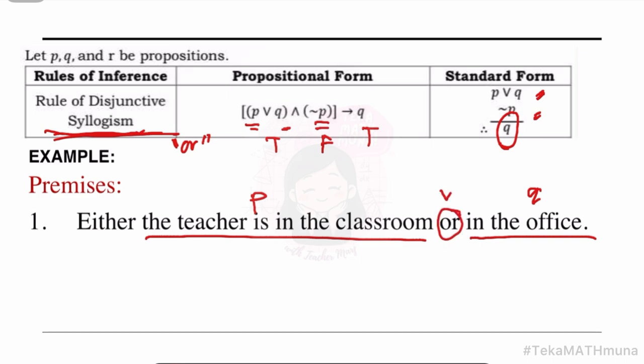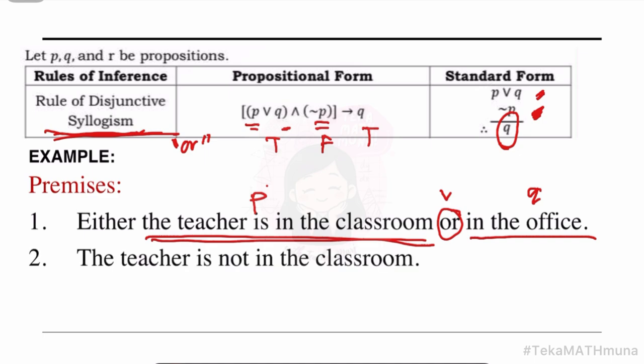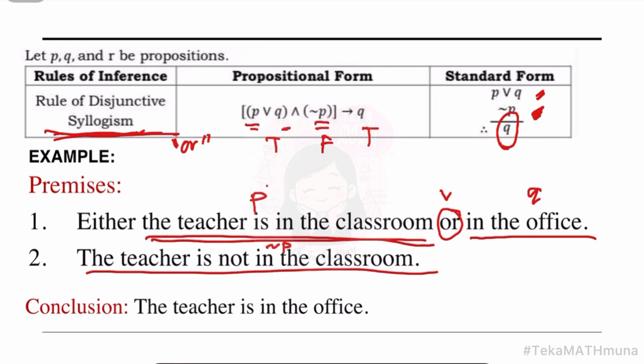Next, we negate the proposition P. So that will be the teacher is not in the classroom. That is not P. Therefore, what will be the conclusion? The teacher is in the office. And that is proposition Q. This is the rule of disjunctive syllogism.